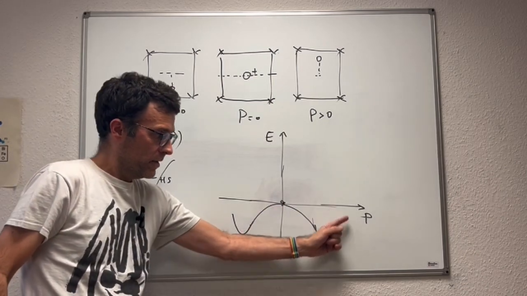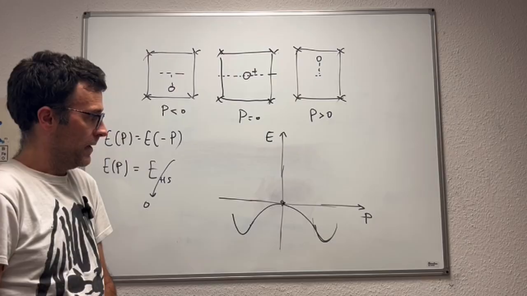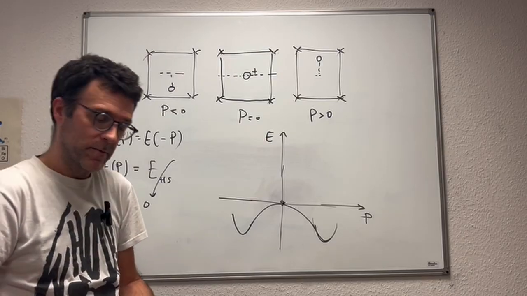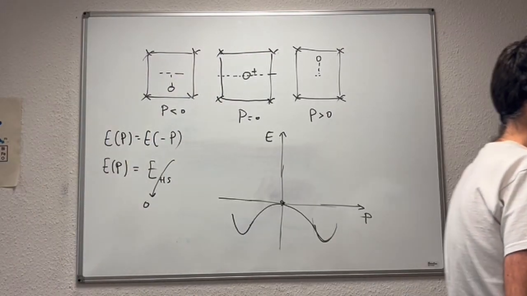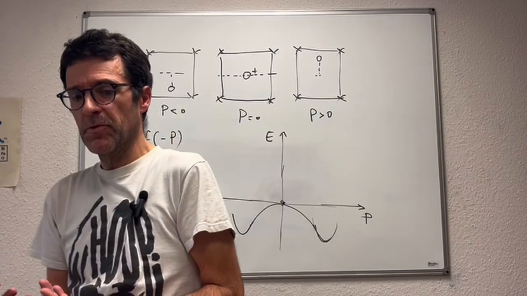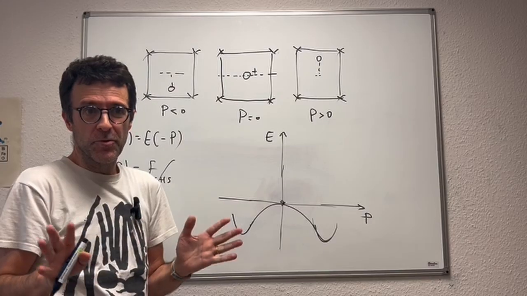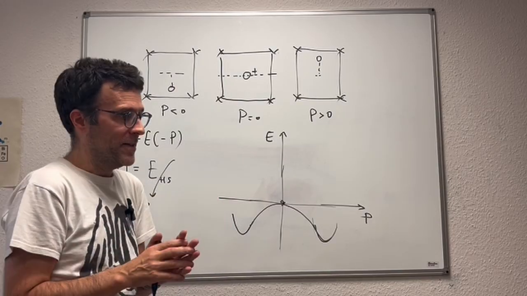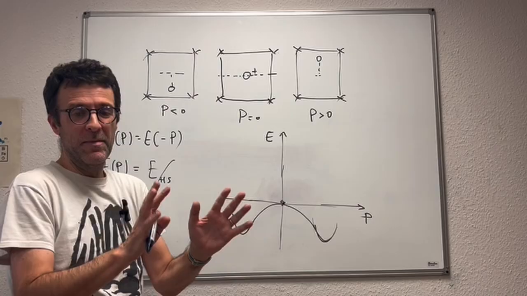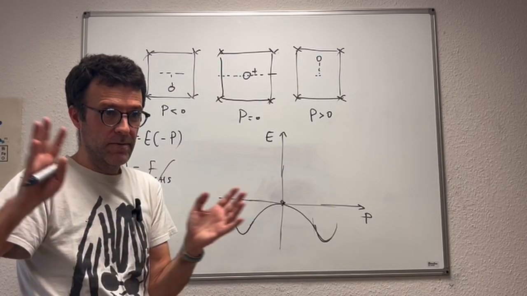And then I Taylor expand as a function of the polarization. Of course, Taylor expansion seems to imply that the polarization will be small. Here, let's use this just as the simplest mathematical form that this energy can have, that then will allow us to make calculations.